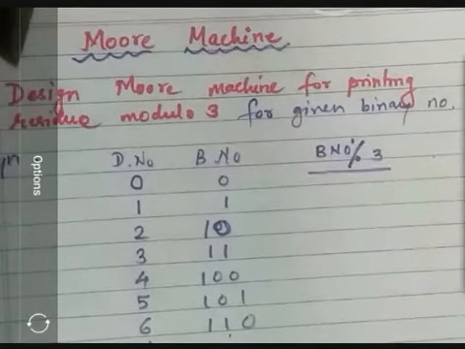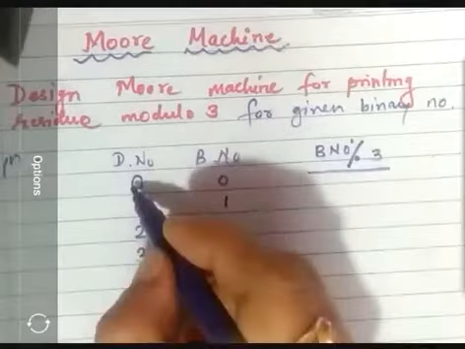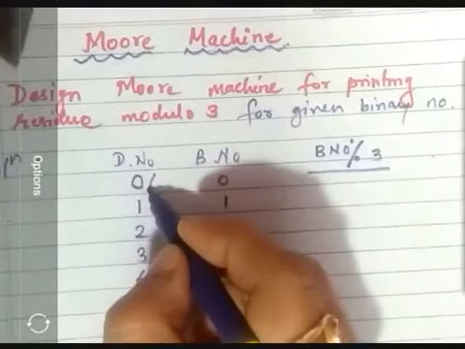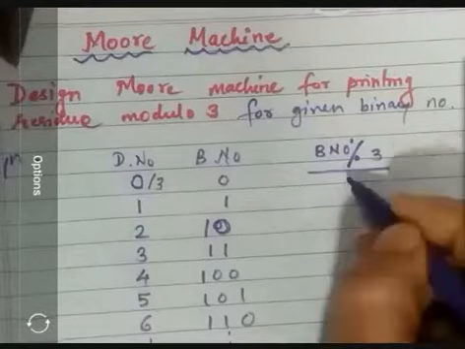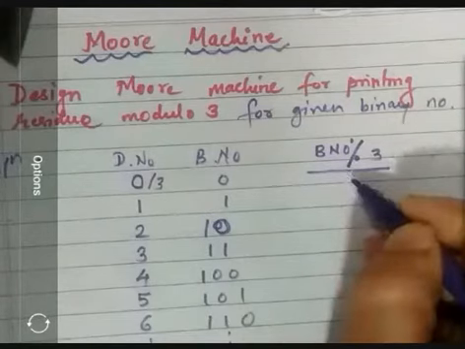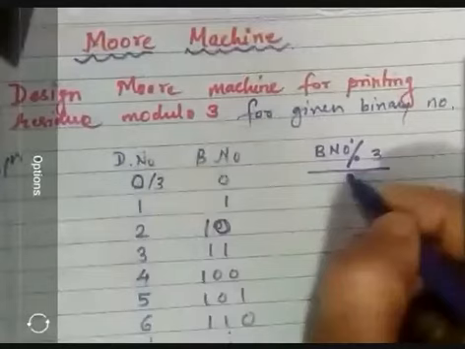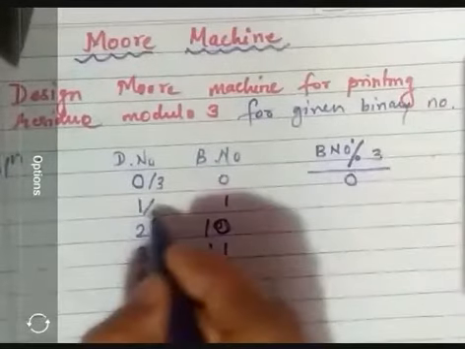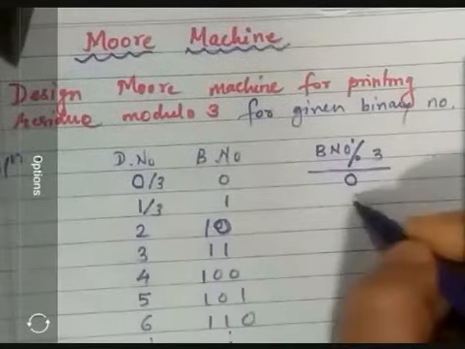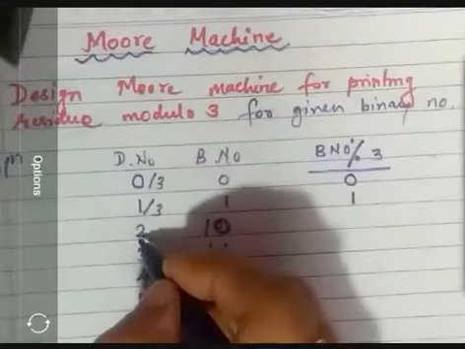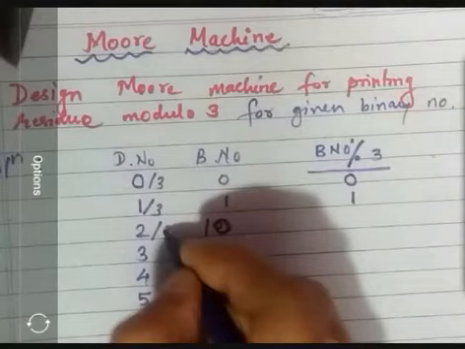So here, if I divide 0 by 3, what will be the residue? Residue in the sense remainder. What is the remainder? 0. When I divide 1 by 3, what is the remainder? 1. Similarly, when I divide 2 by 3, the remainder is 2.